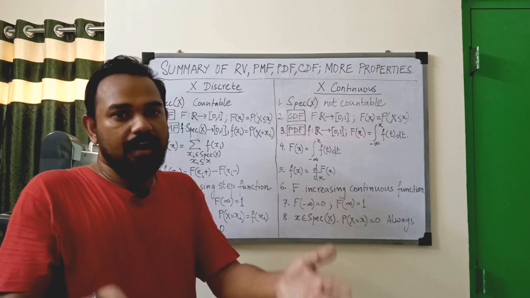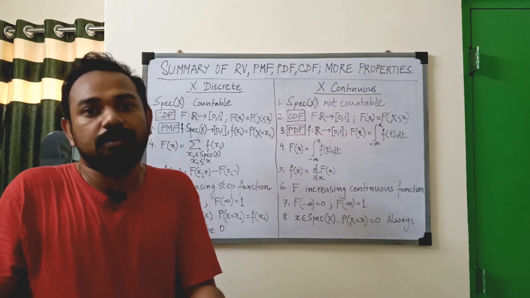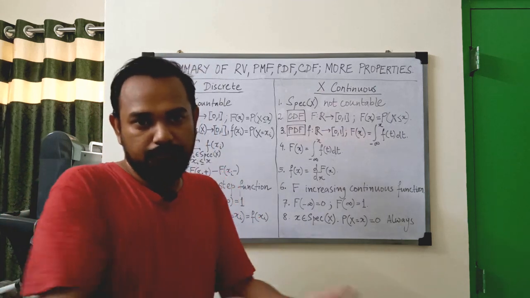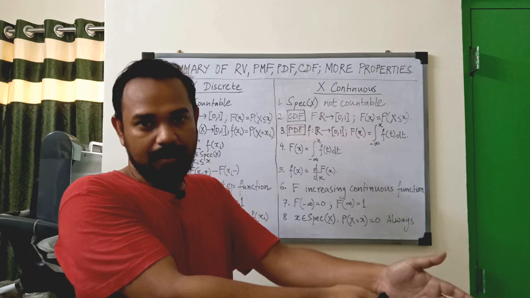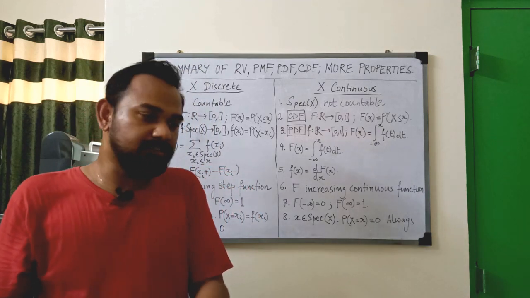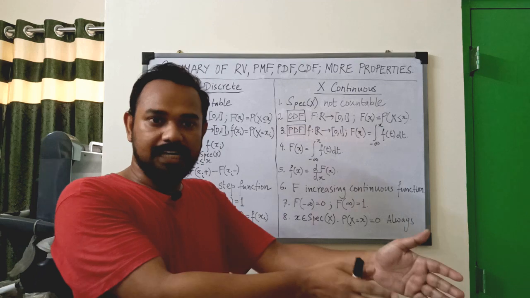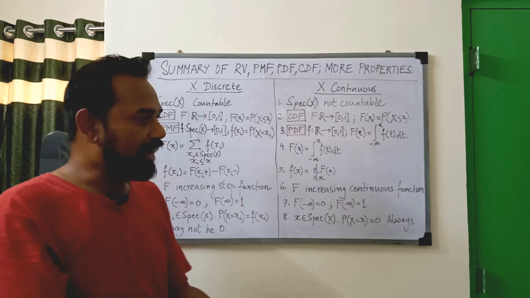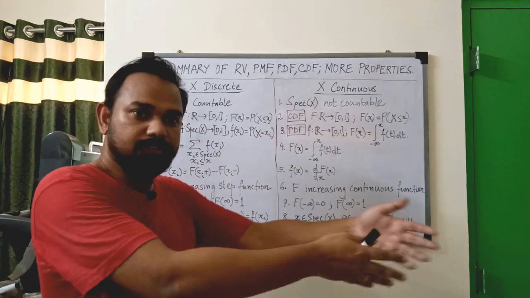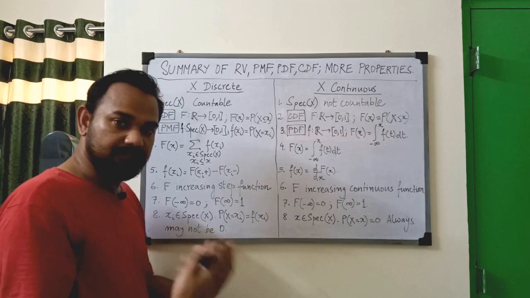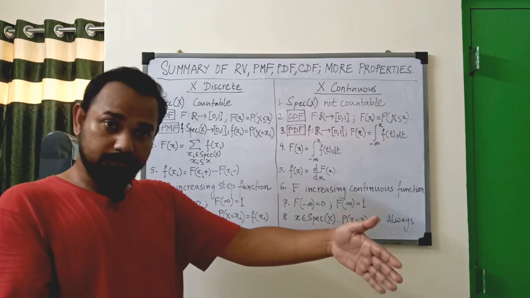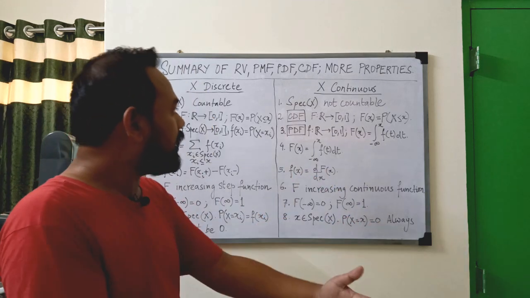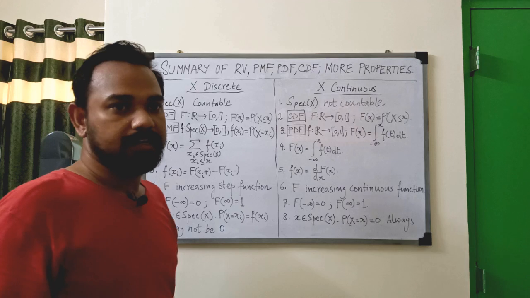So we kept the random variable as identity because we had no reason to change them to something else. If we had heads and tails, we had reason to assign numbers to them. We already had numbers from 5 to 7, so we kept the image set exactly like the sample space. And so the spectrum of X in that case was all numbers between 5 and 7, including 5 and 7. That's not a countable set. In fact, it's an uncountable set. There is a slight difference, but anyway, in that case X turned out to be a continuous random variable.